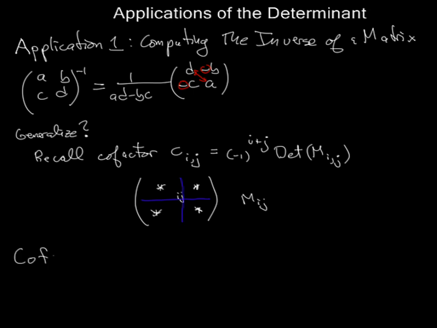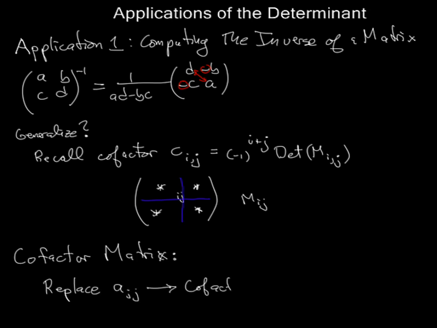And remember, this plays a role in one of the formulas for the determinant. Now, to make the cofactor matrix, you start with the matrix A, and you replace each entry a_ij with the corresponding cofactor c_ij. That's called the cofactor matrix.